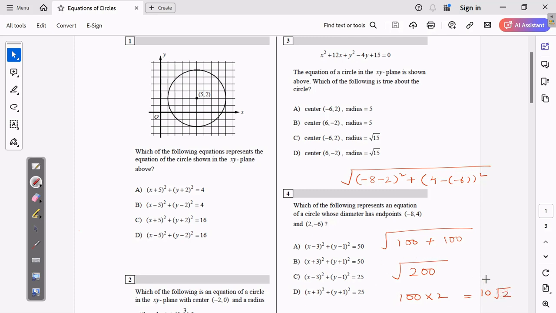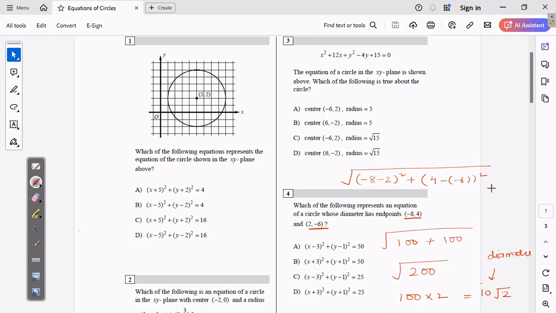Perfect. So this right now is the distance between this point and this point. Oh, and then I have to divide that by 2. Yes, because this is the length of the diameter. Okay, yeah. So that's where I went wrong.